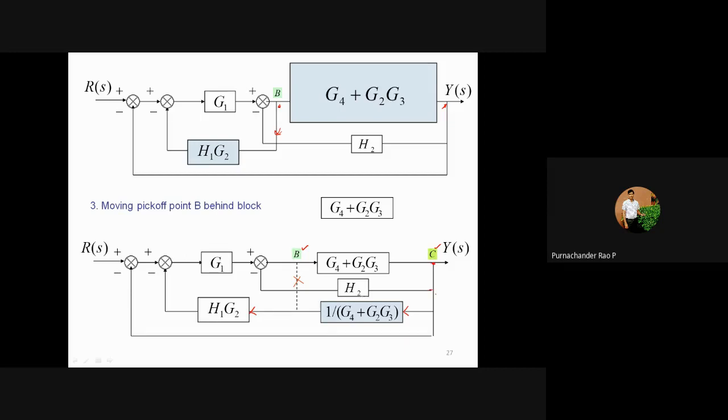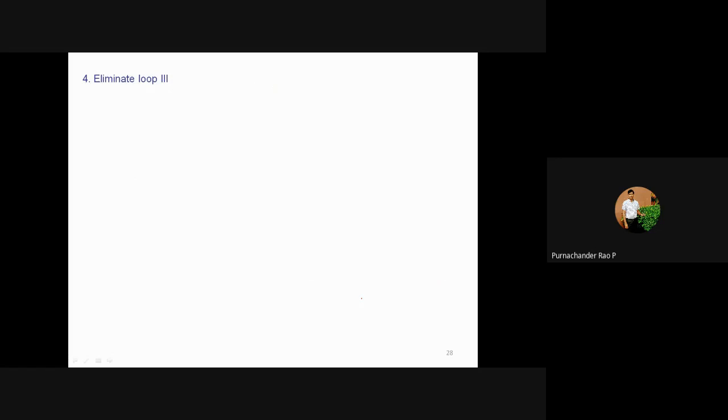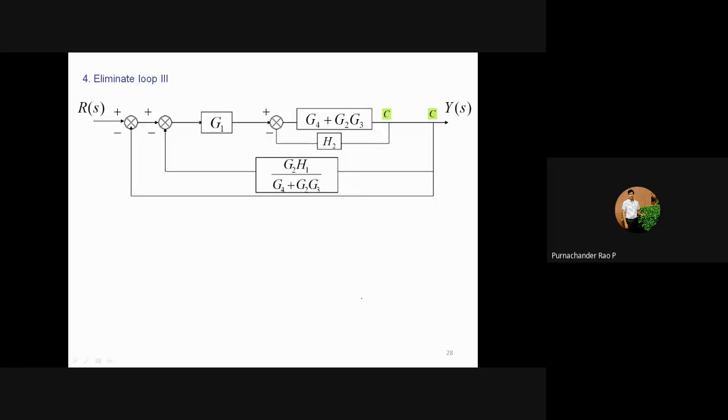Okay, and therefore, as this line is eliminated, now these two will form the loop. G4 plus G2, G3, H2 will form a loop. Okay, so we need to eliminate this loop, and this loop can be eliminated like this: G4 plus G2, G3 by 1 plus H2 into G4 plus G2, G3.